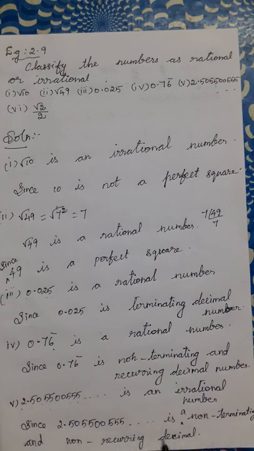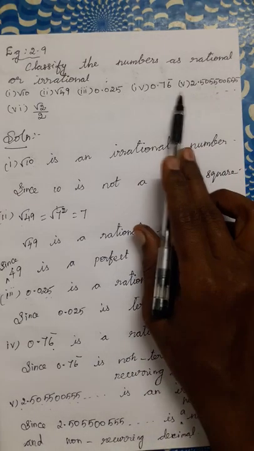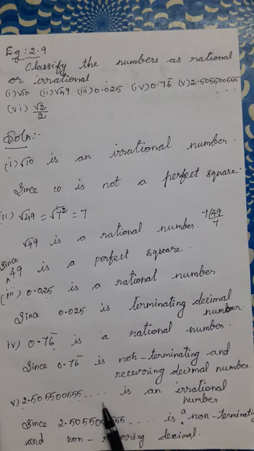A non-terminating and non-recurring decimal number is irrational.